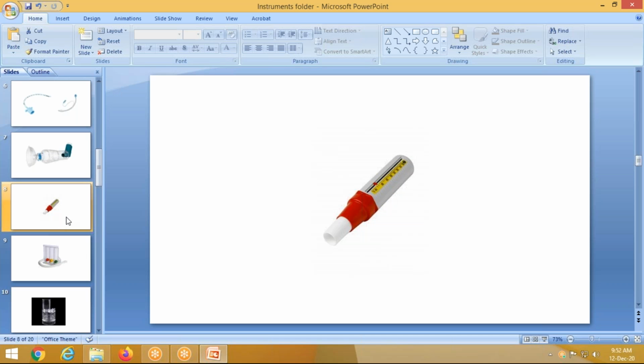This is the PEFR measurement instrument. We use PEFR measurement to diagnose asthma and also to monitor the treatment. First of all, how do you do the procedure? You ask the patient to sit quietly and introduce the PEFR machine, and ask him to take a deep inspiration and exhale with maximal expiration, followed by deep inspiration, followed by maximum expiration, and you get a reading.